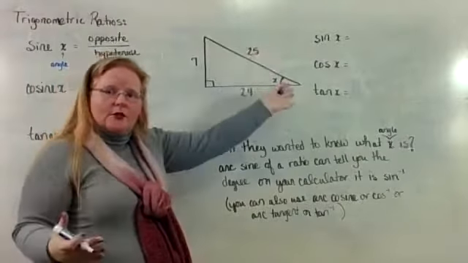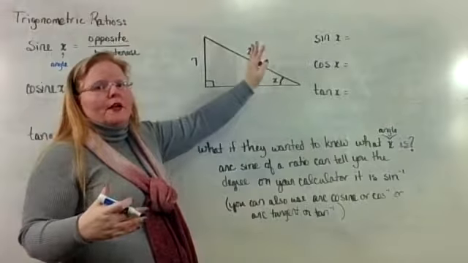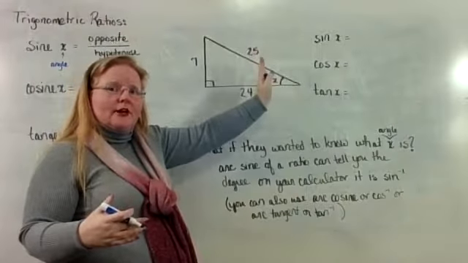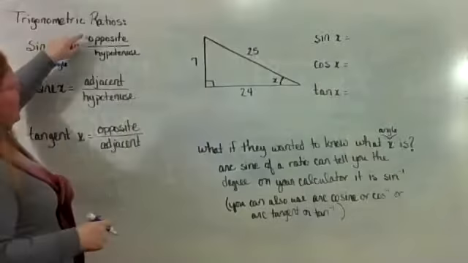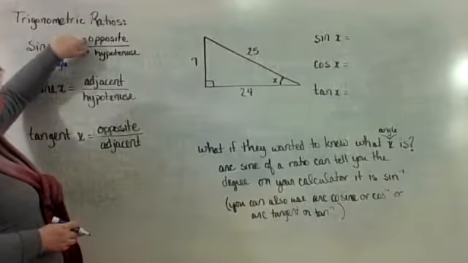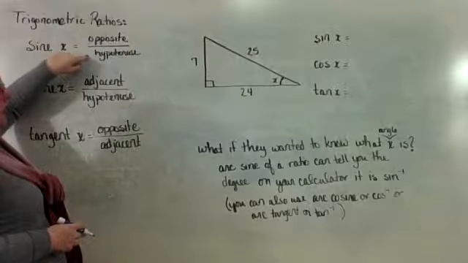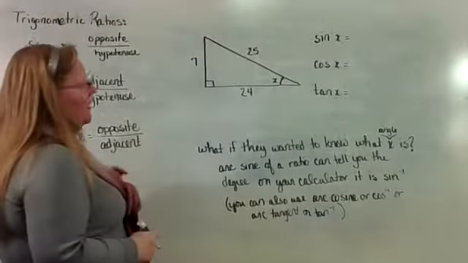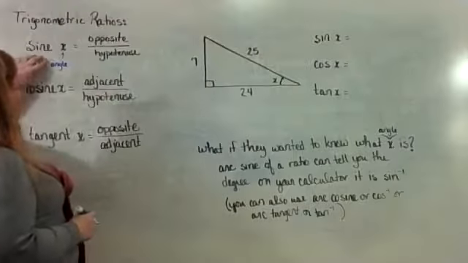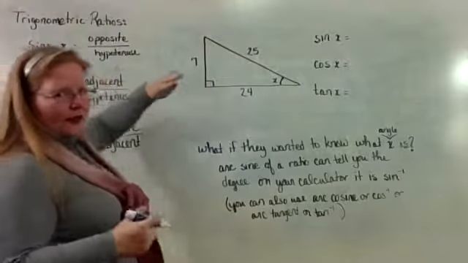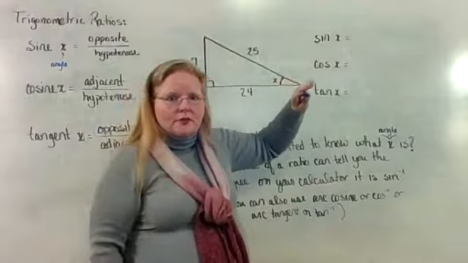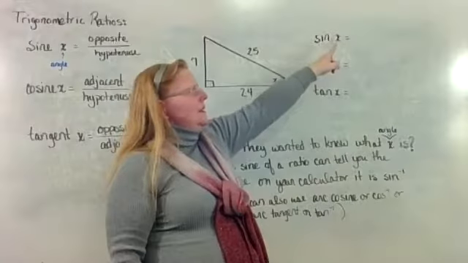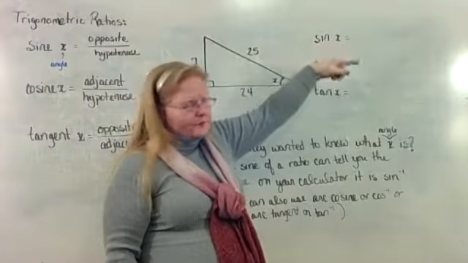X has a degree to it because it's an angle, but when I refer to the sine of x, I'm saying the opposite side from that angle over the hypotenuse in the triangle is equal to our sine x. Now, if I wanted to abbreviate sine, your calculator and everybody else in the world does that by saying sin, just the first three letters.